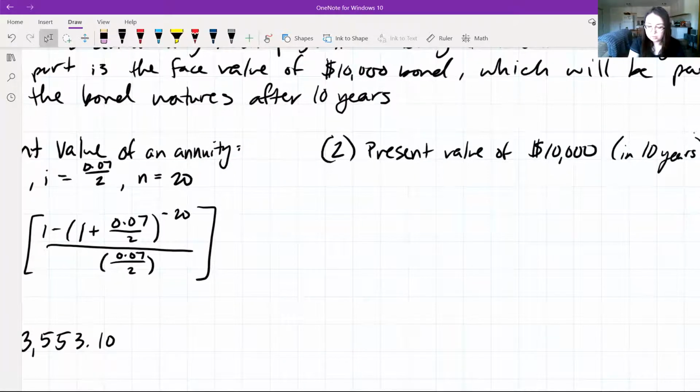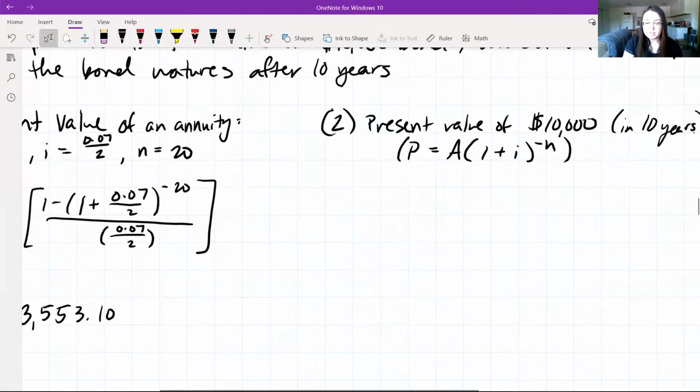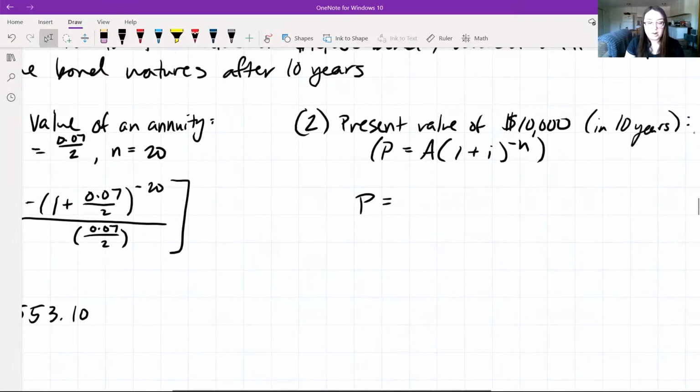And if you remember, that present value was P is equal to A, our future value or ending amount, times 1 plus I to the negative n power. So that was that equation. So now we're going to plug everything in. We want to solve for P. Our A value is our $10,000.